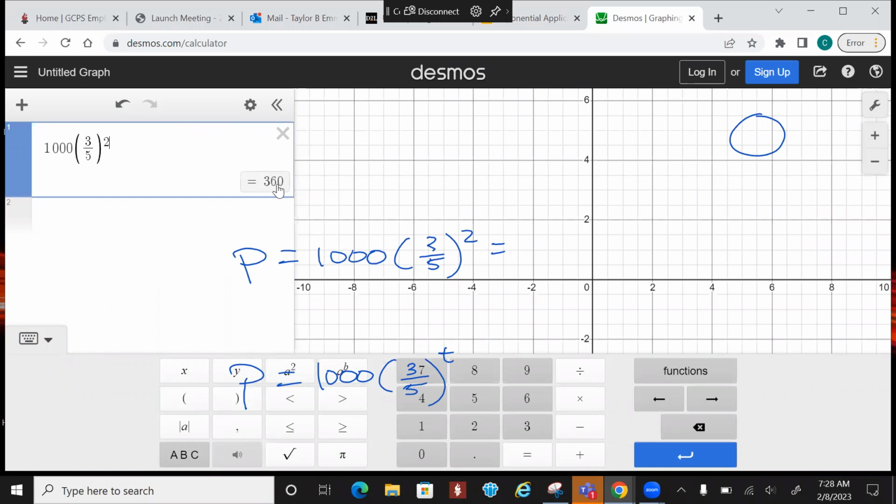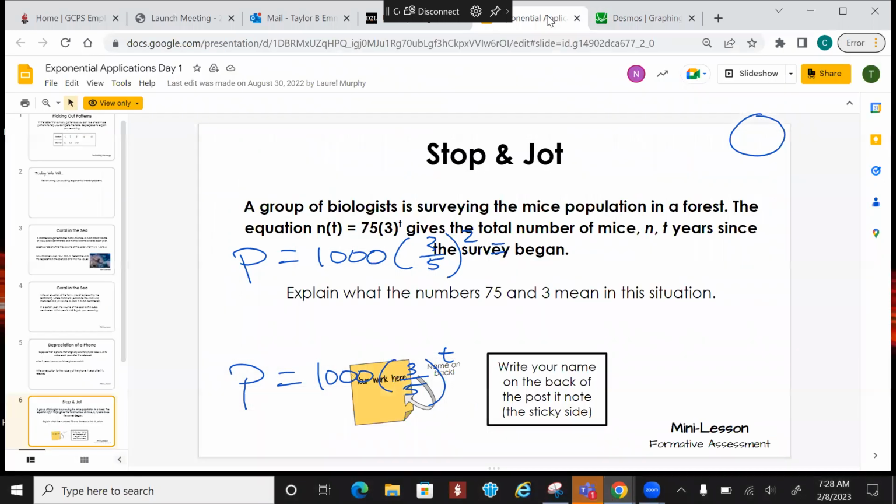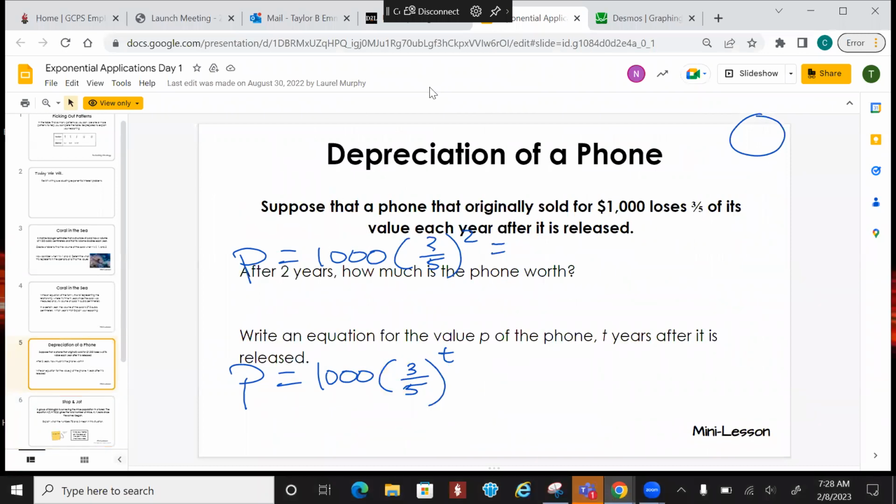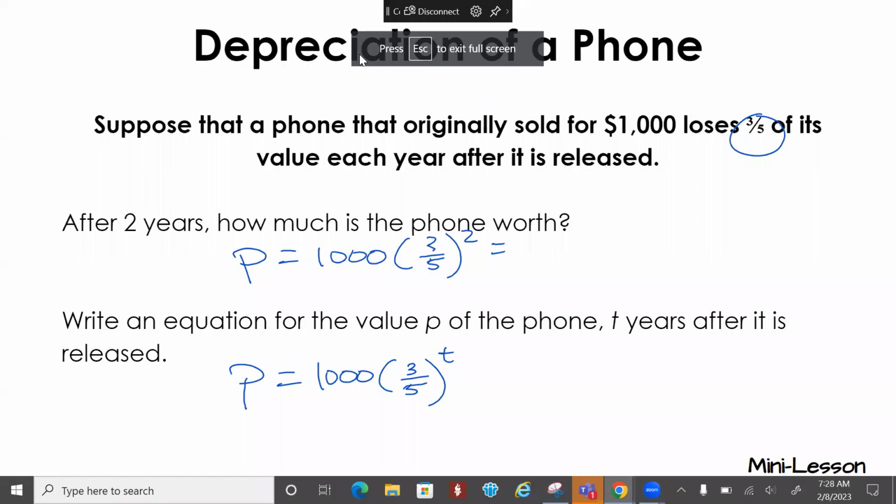So what is that going to give me? 360. Okay. So after 2 years, you started off with a $1,000 phone. After 2 years, it went down to $360. Like, that's some messed up stuff, right?